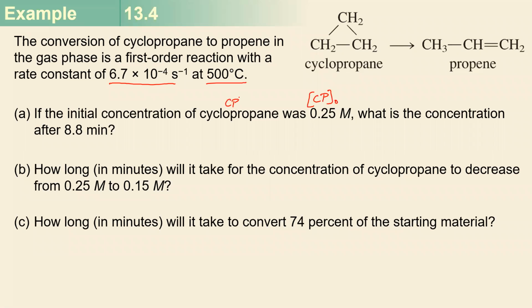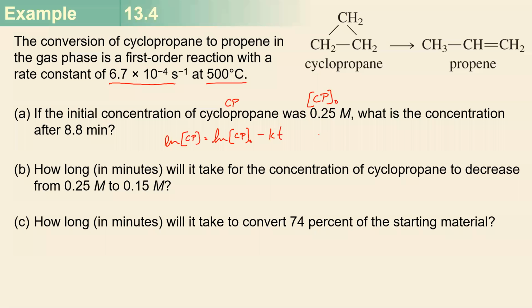Well, we know our equation from the previous slide: the natural log of the concentration of Cp is equal to the natural log of Cp naught minus kt. We know Cp naught, we know k, we know t.